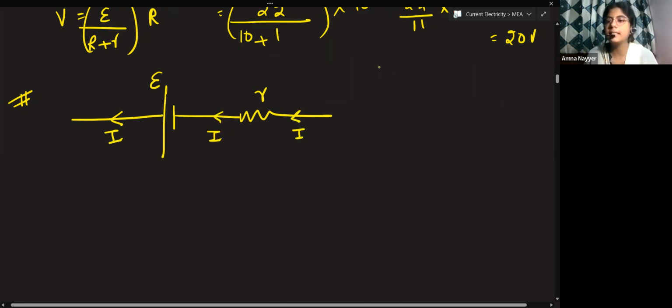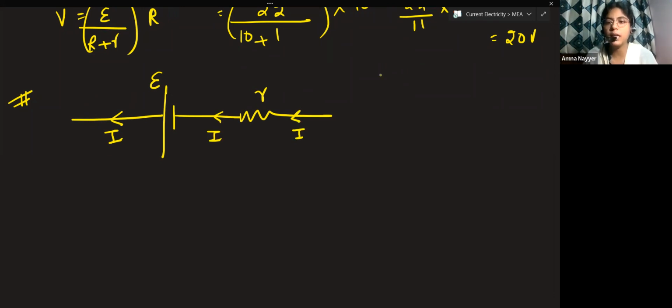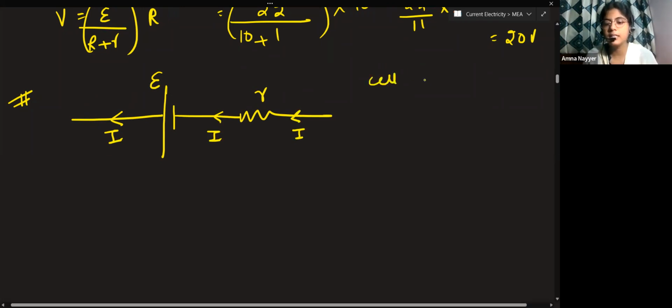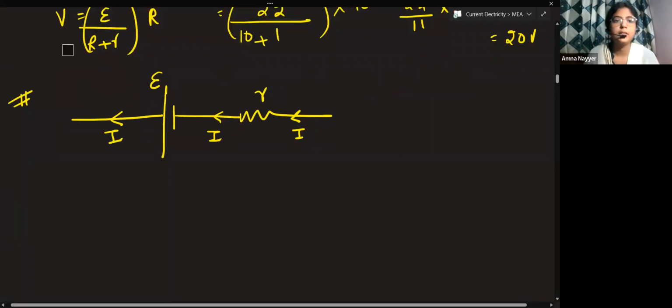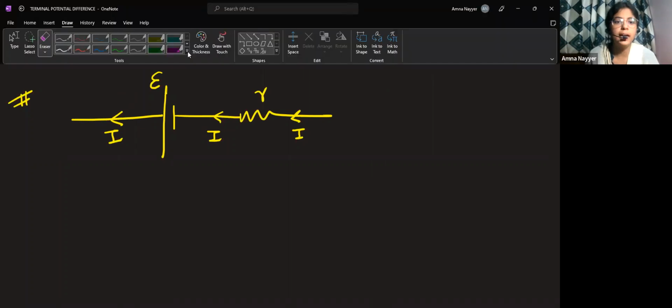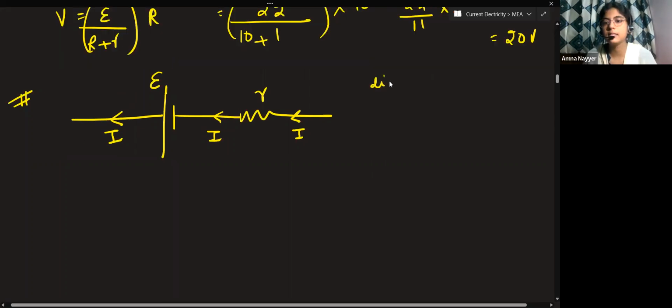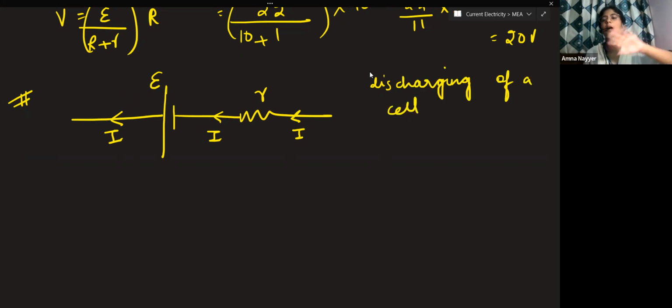We call it the cell is getting discharged. This is known as discharging of a cell, whenever current is moving out of it.